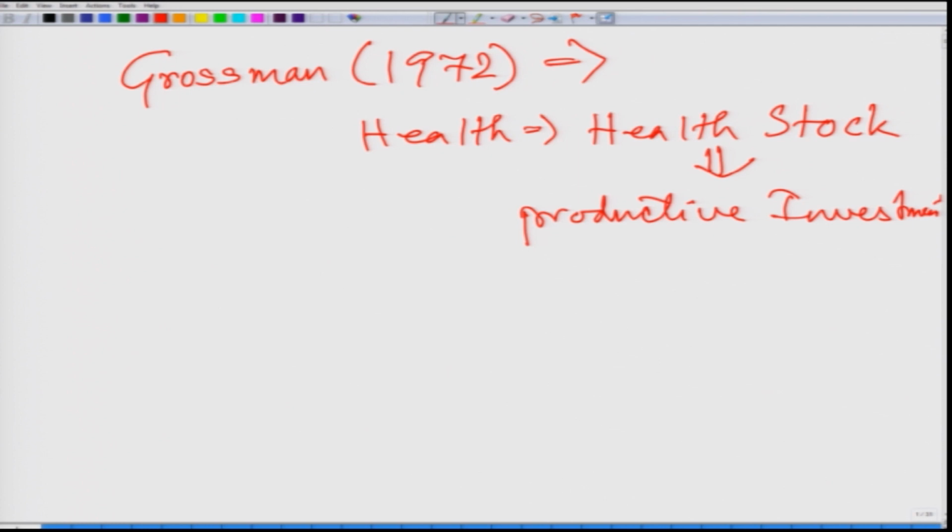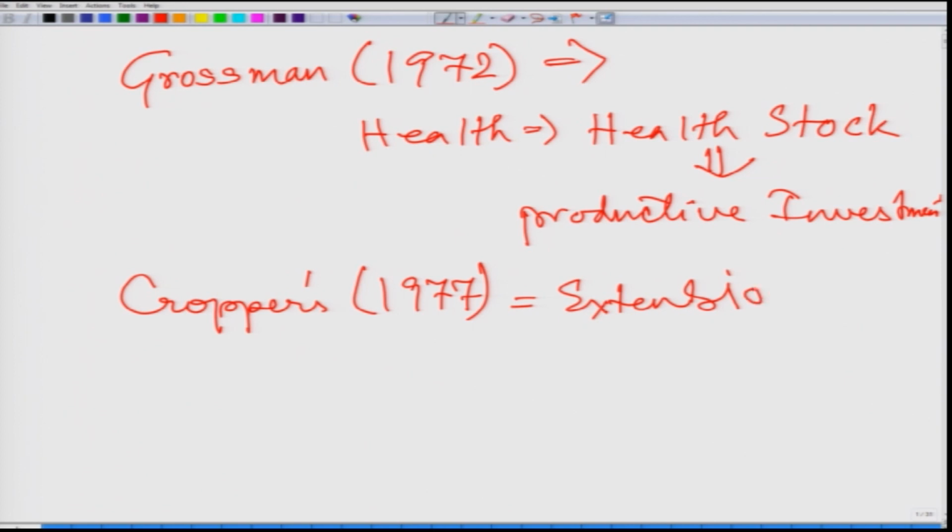On the other hand, Cropper's theory of healthcare demand, which was given in 1977, was an extension over Grossman's model.